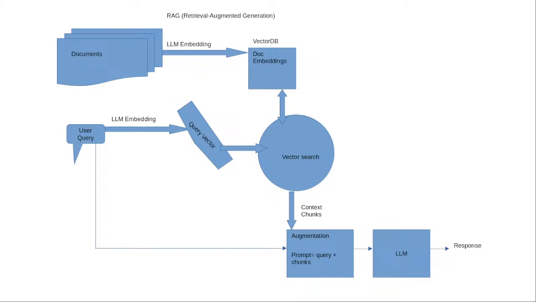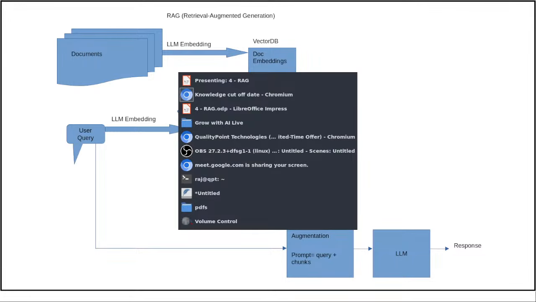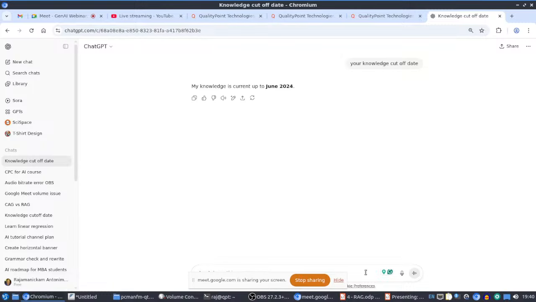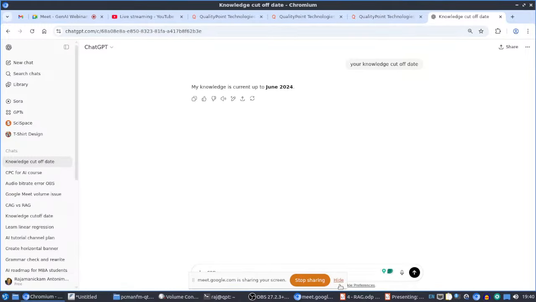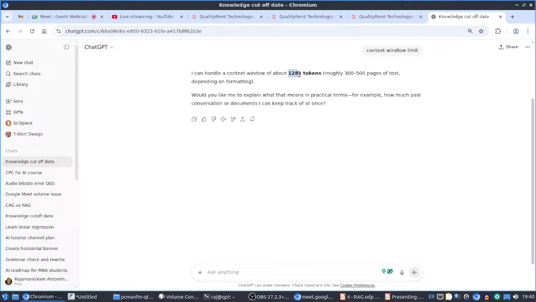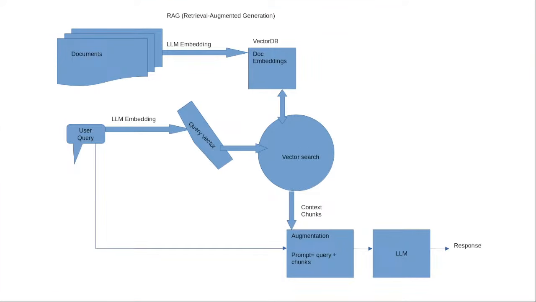Latest models are coming with millions of tokens, but older models could handle very limited amounts, like 10 pages. In that case, we cannot send all the pages for RAG. But that was very old.